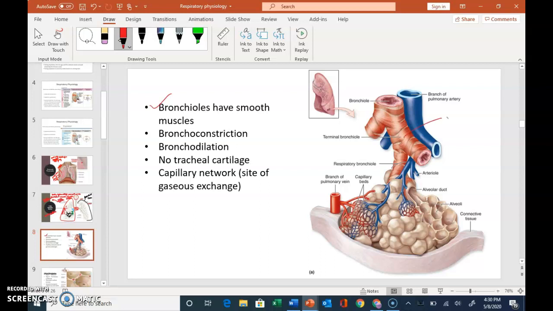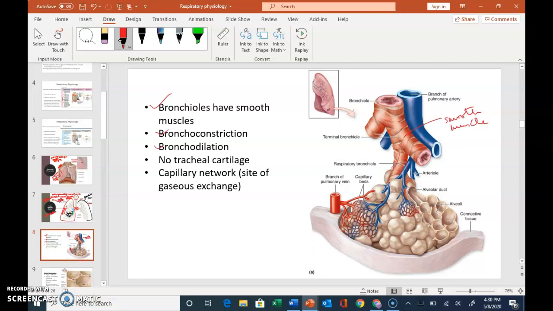And remember, as I mentioned in my last slide, these smooth muscles help in the process of bronchoconstriction and bronchodilation. If you notice, these bronchioles do not have any cartilage, no tracheal cartilage. Good.